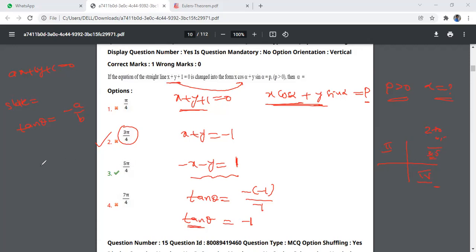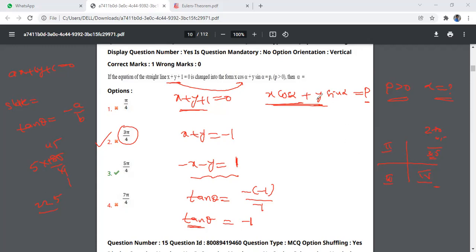So if you take 5 pi by 4, means 5 into 180 by 4, that is 225. I think 225 is in the third quadrant. It is in the third quadrant.